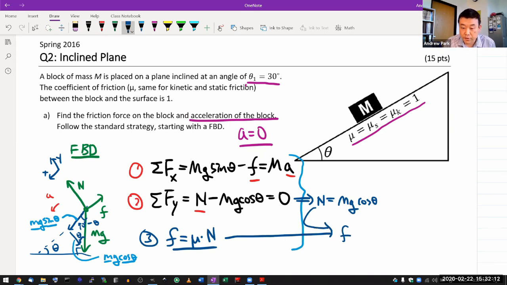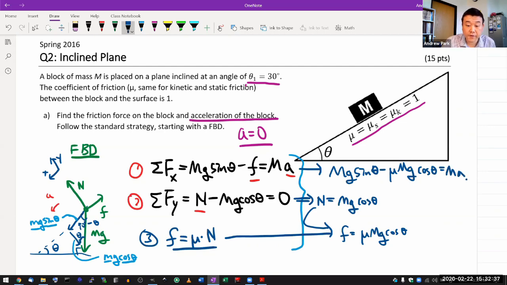I get friction force is mu mg cosine theta. I plug that into equation 1. Then I end up with mg sine theta minus mu mg cosine theta is equal to ma.